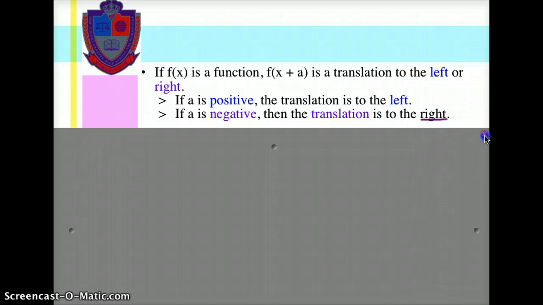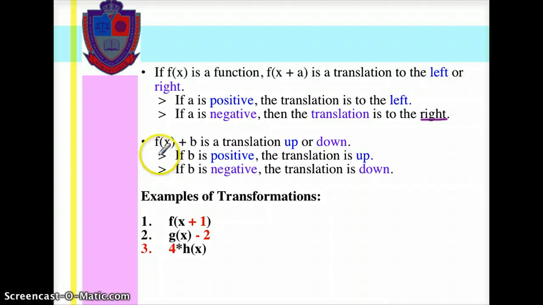And the last way that you're going to see on the exams is f of x plus b, a translation up or down. Notice this b is being added to whatever my f of x function is. If b is positive, it goes up. If b is negative, it goes down.